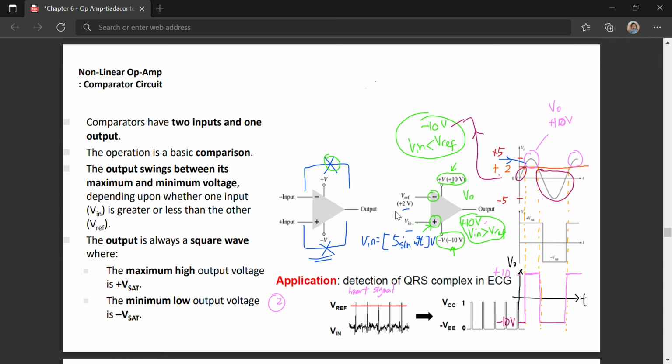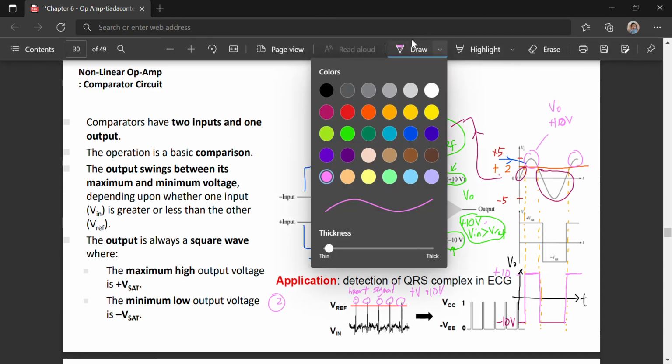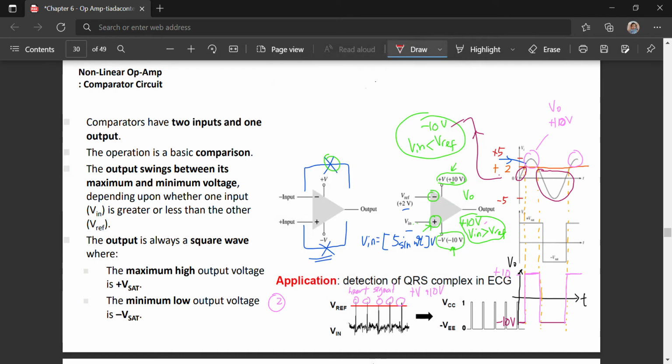So the peak of the Vin that is greater than Vref will get a positive value, positive V or positive 10. But if Vin is less than Vref, the output will be minus 10.